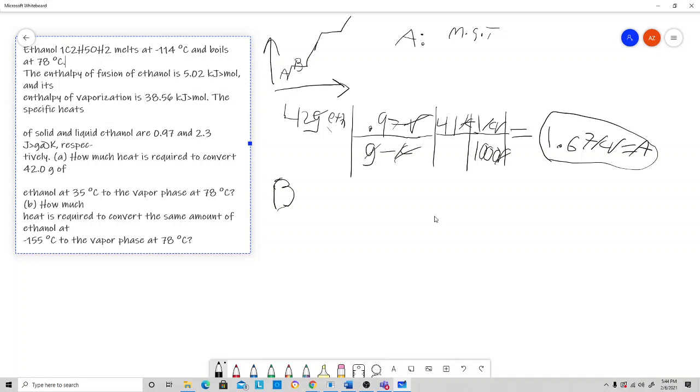Because it's per mole, we need to convert these 42 grams of ethanol into moles.